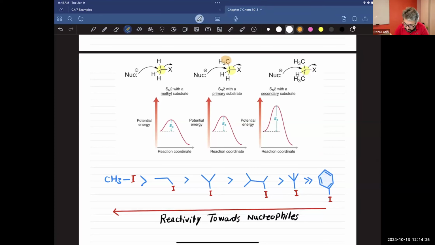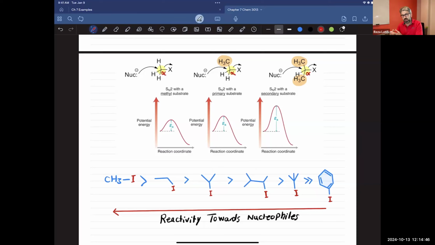For now, I'm going to replace one of the hydrogens by a methyl. Next time, I will replace two of them by methyl. So as you see, methyls are bulkier than hydrogen. Because they are bulkier, that will make it harder for the nucleophile to make it to the alpha carbon.